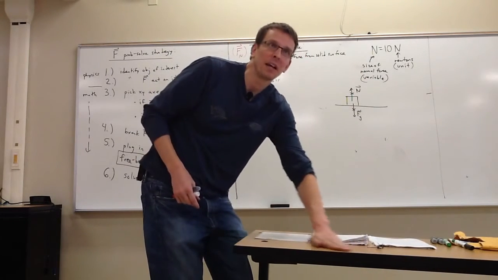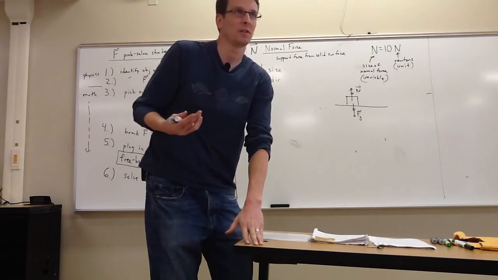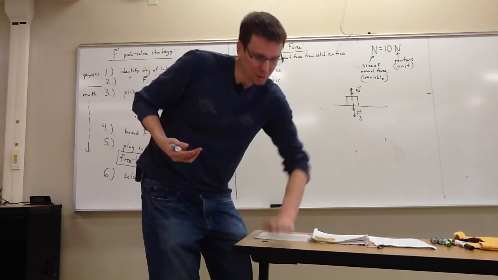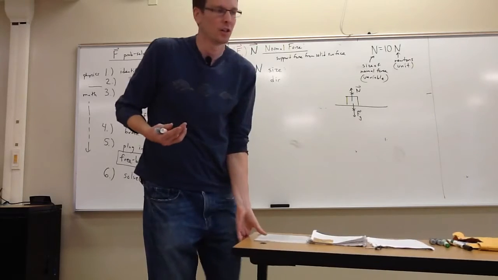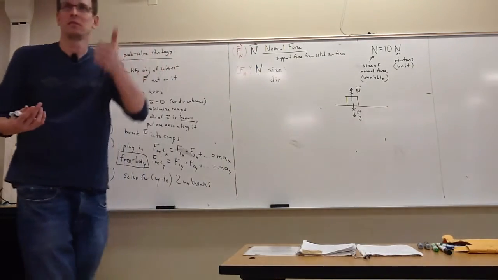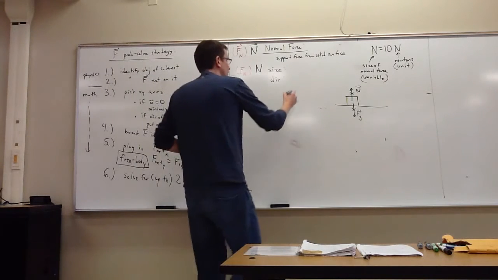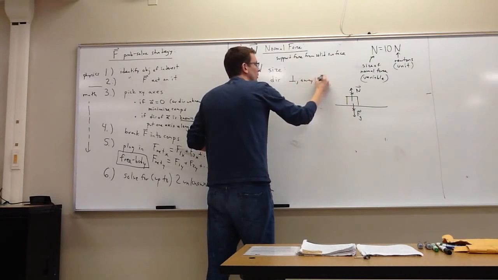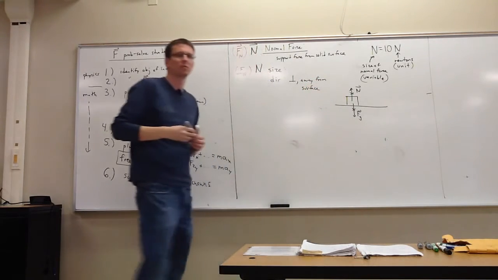The surface doesn't mind if I go along it. There's friction, but that's something else. Friction, of course, doesn't stop me. But if I try to go directly into it, no way. So it pushes directly away. So it can even be diagonal, right? It's just perpendicularly away from the surface. It just most directly says you can't come in here.